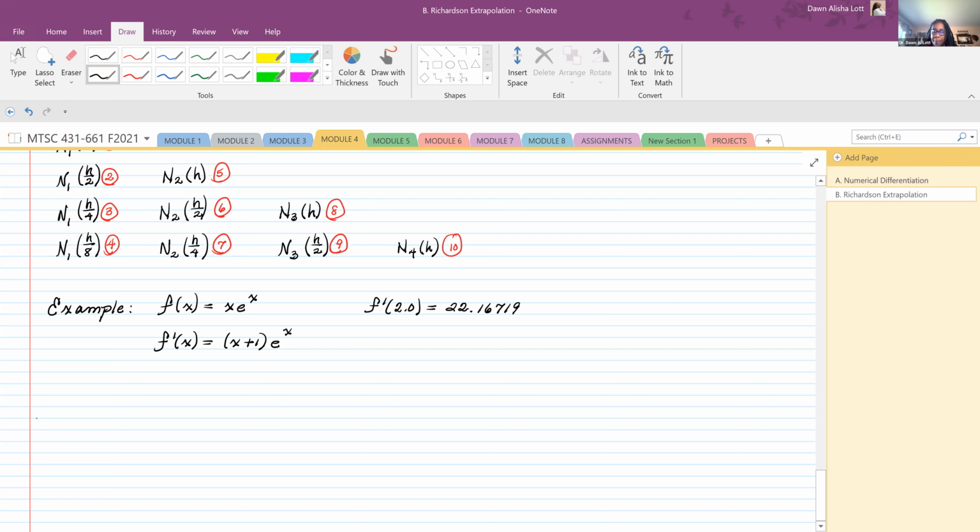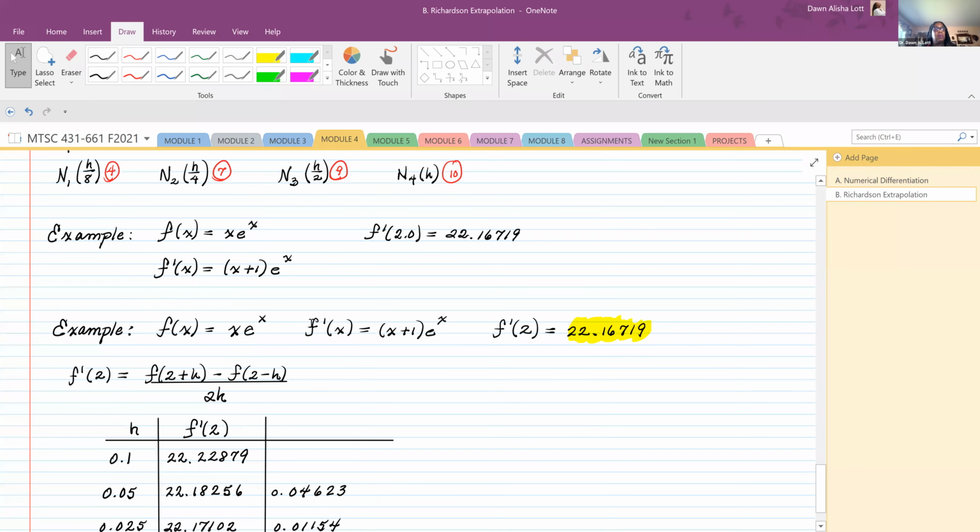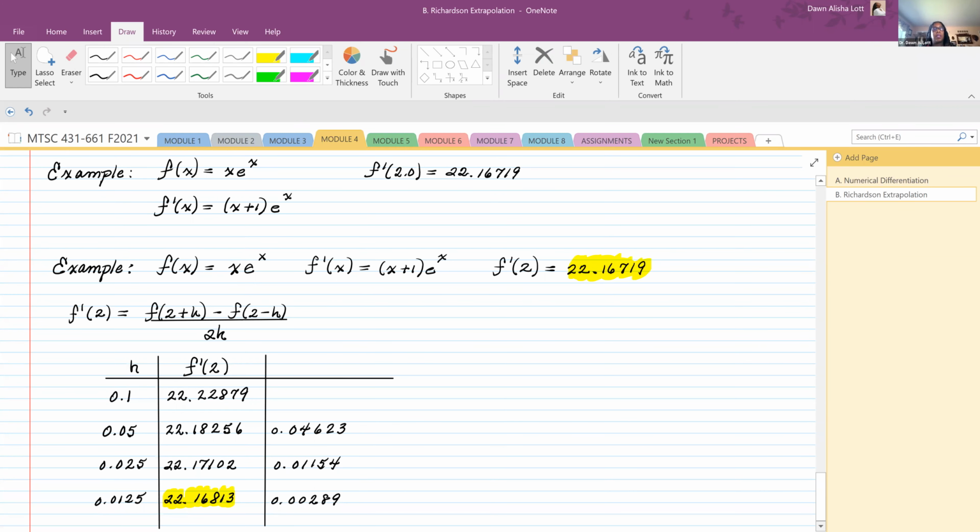Okay. All right. So when we do, let me see, I think what I have here. Just want to remind us of what we did before. Yeah. Okay. Yep, so we did a central difference approximation.